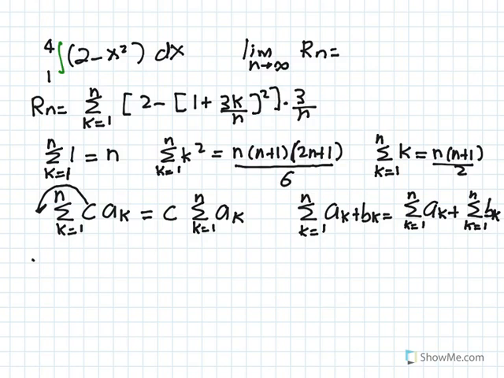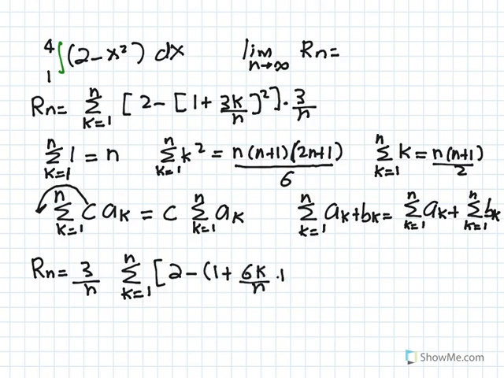All right, so the Rn that we have here is 3 over n times the summation, k goes from 1 to n, of 2 minus (1 plus 6k over n plus 9k squared over n squared).